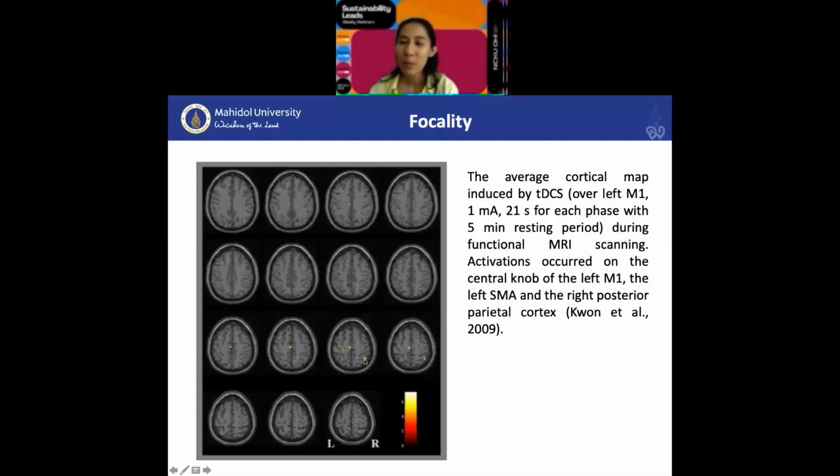You can see in functional MRI that the current density is not localized underneath the electrode, but goes far away, even to the other side of the brain.